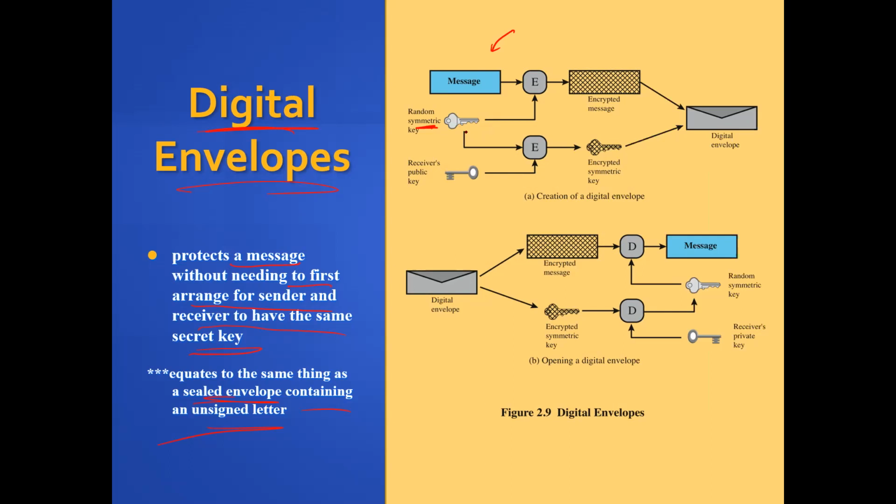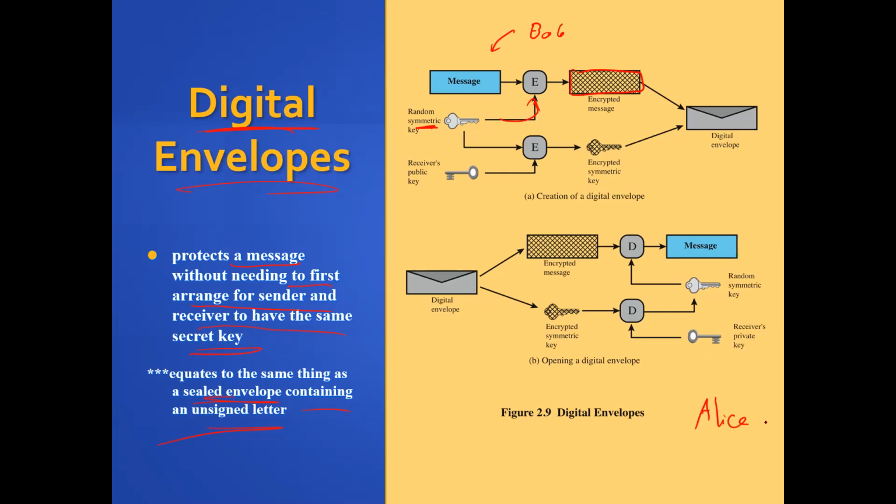He uses the secret key to encrypt the message. So now Bob has the encrypted message, the cipher, but Alice over here doesn't have the key.